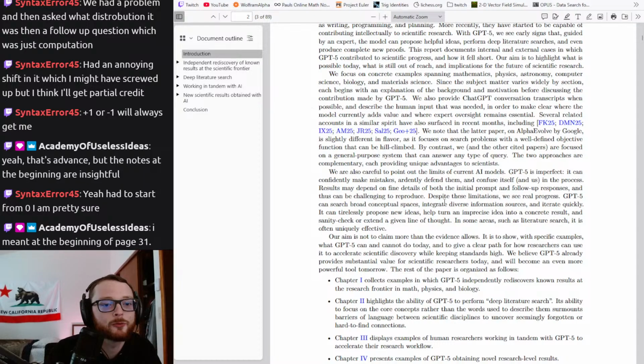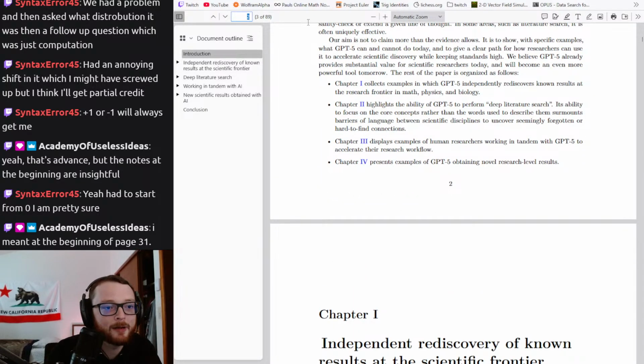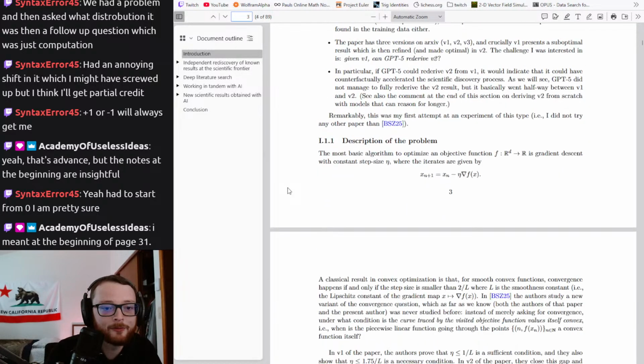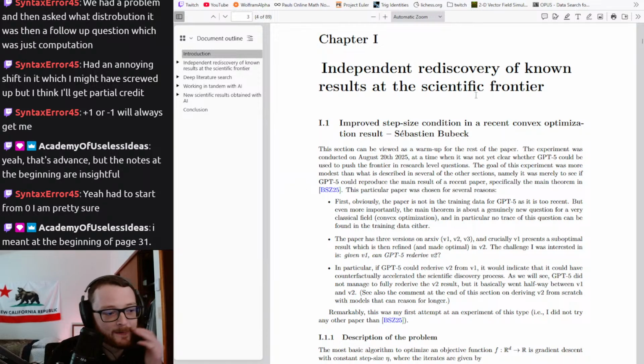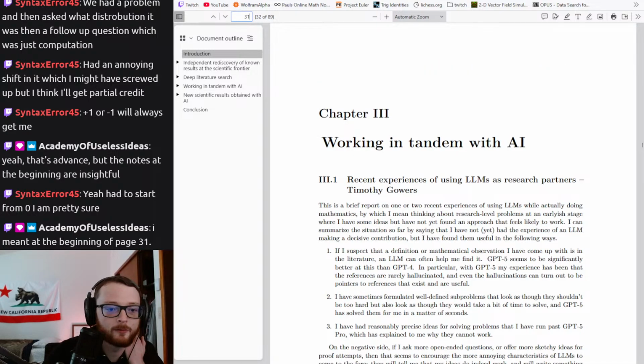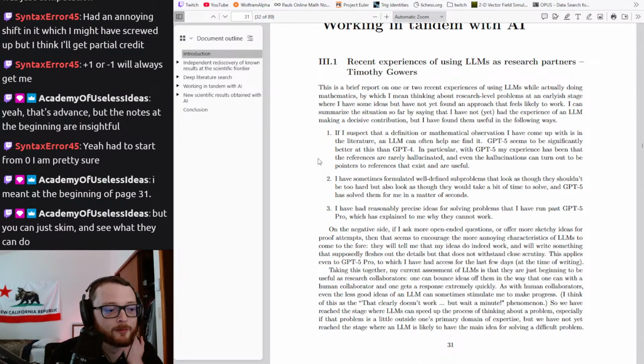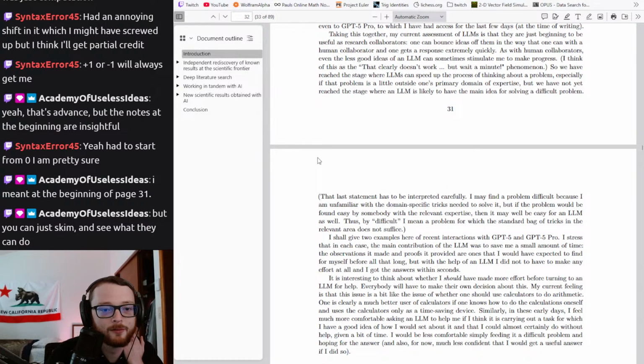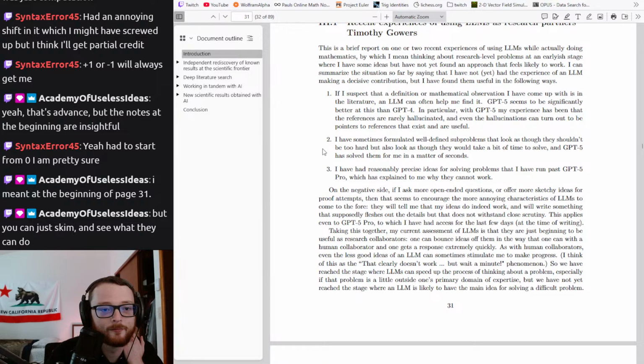Oh, the beginning of page 31. Okay, I already read that piece. I might go back to homework problems, but this is an interesting premise for a paper. I really like this breakdown of what it was good for and what it was bad for.